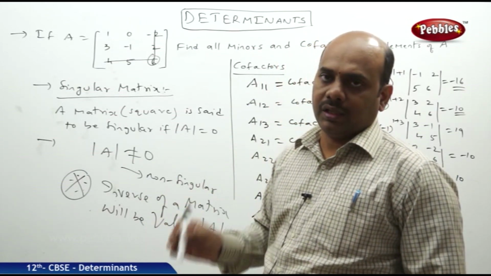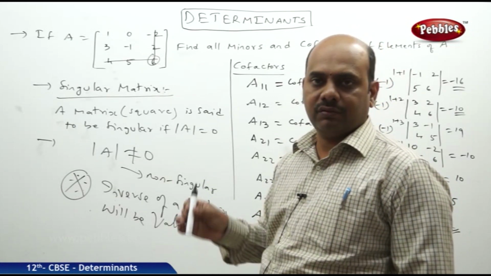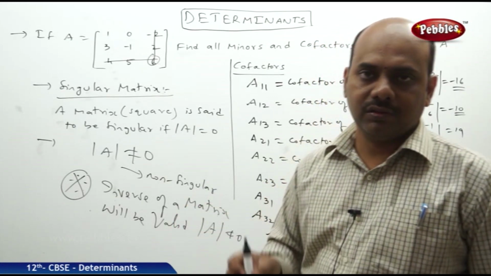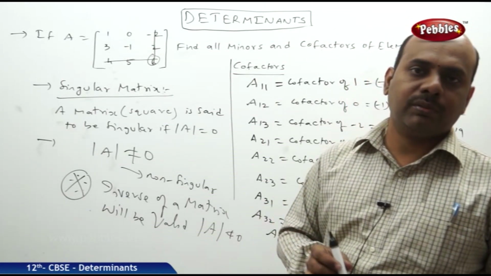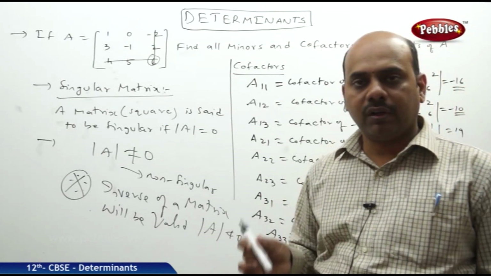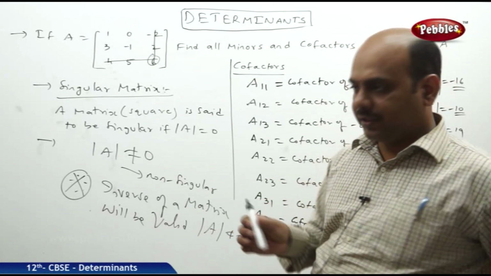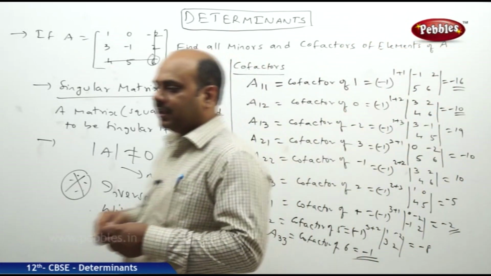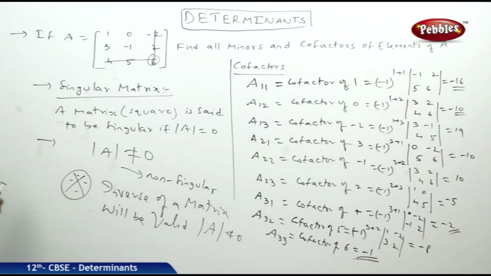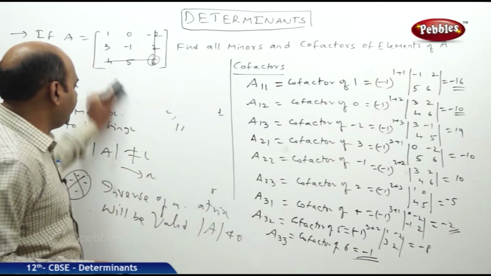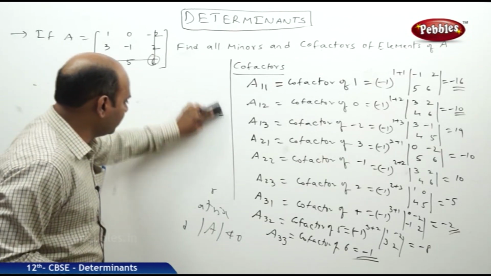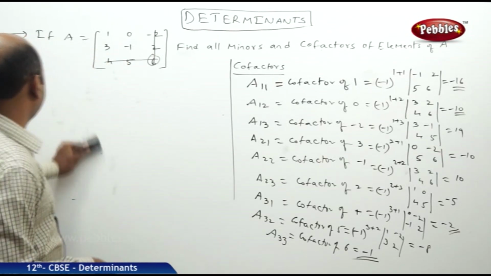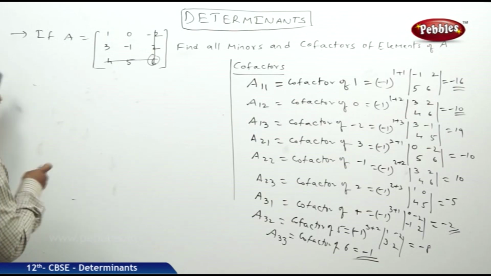That means every matrix possesses an inverse provided it is non-singular. We shall be seeing in later classes what you mean by inverse of a matrix and how we can find out the inverse of a matrix. But before finding out the inverse of a matrix, we need to observe carefully an important concept known as adjoint of a matrix. Adjoint of a matrix.